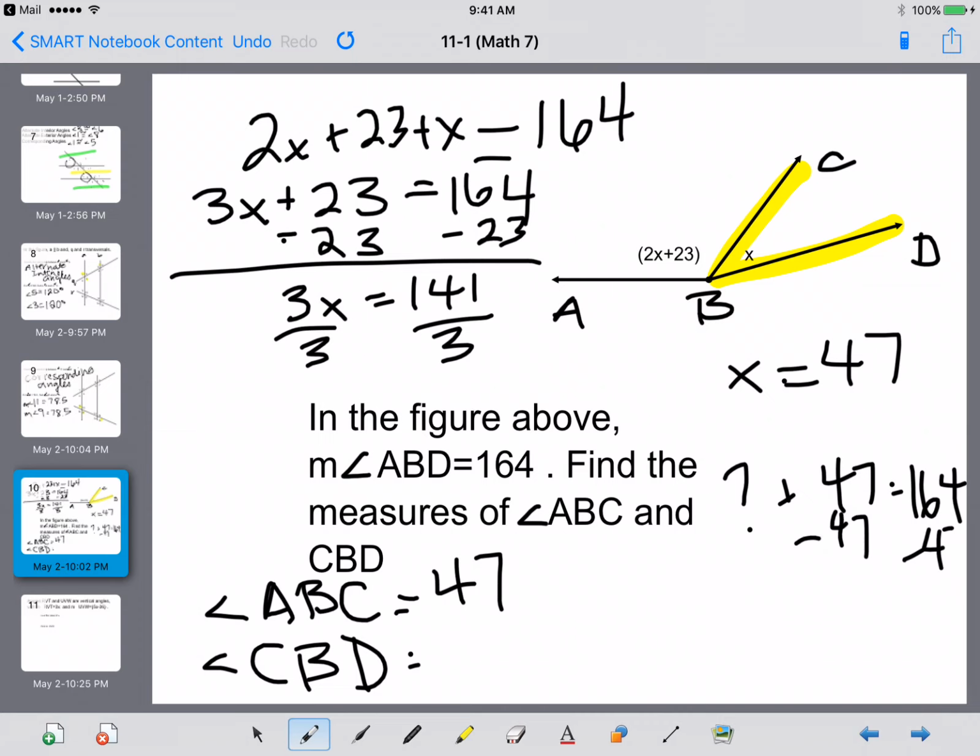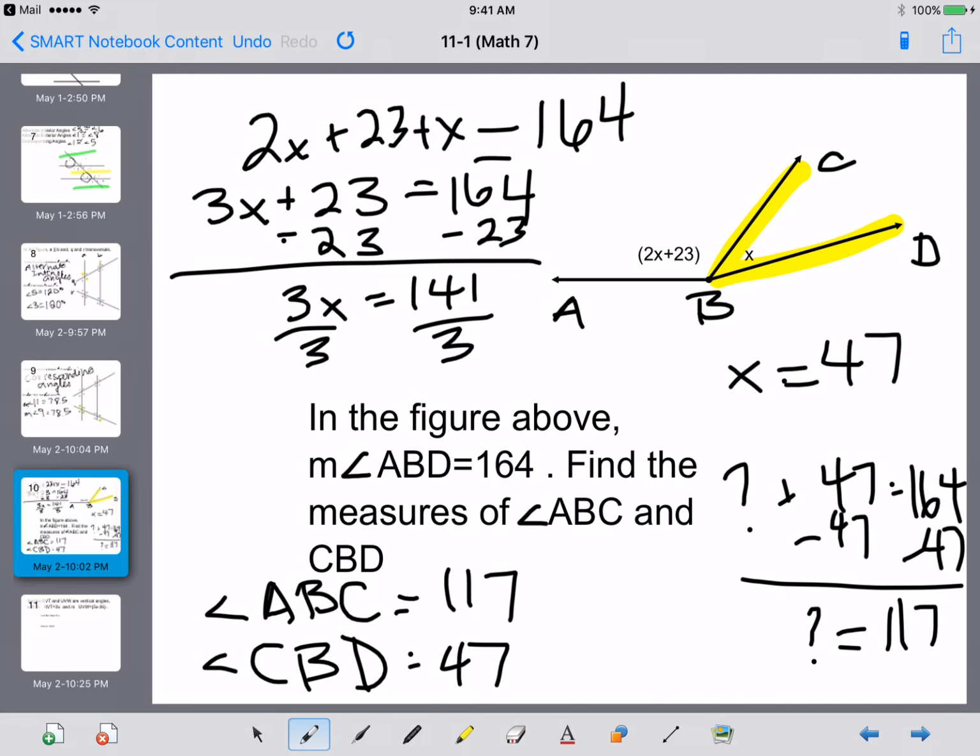So we're going to subtract 47. 164 minus 47 gets us 117. So our angle measure for ABC then would be 117, because adding those two together needs to equal 164.